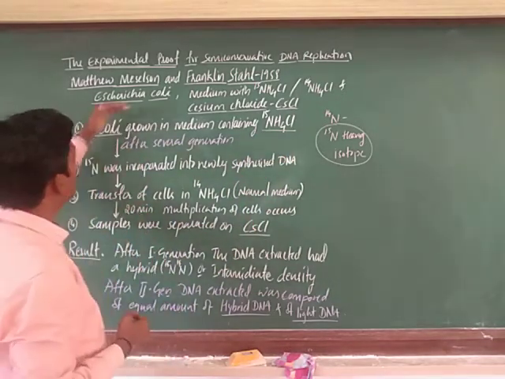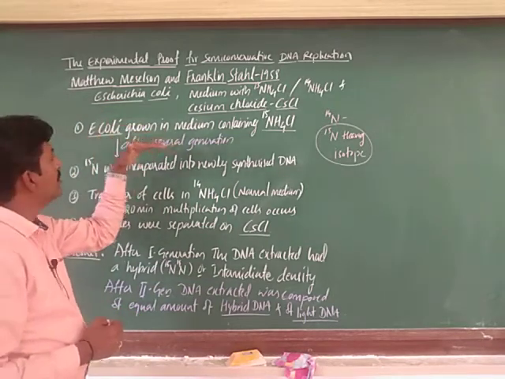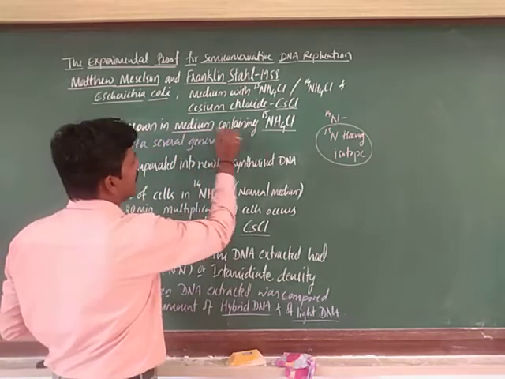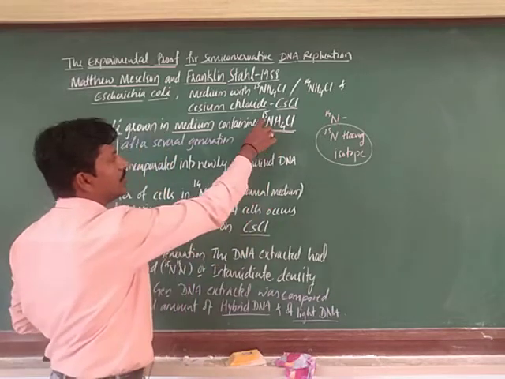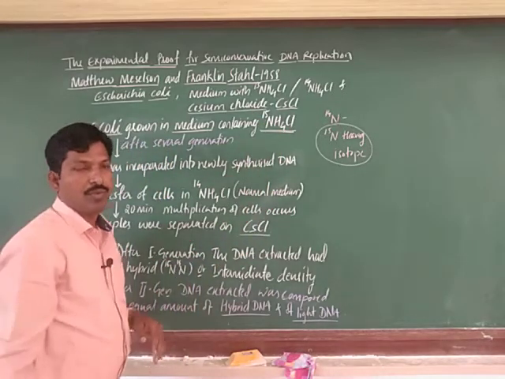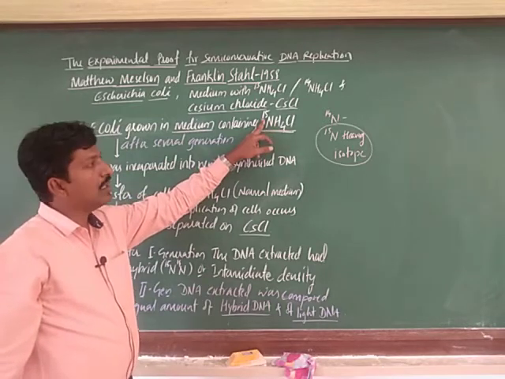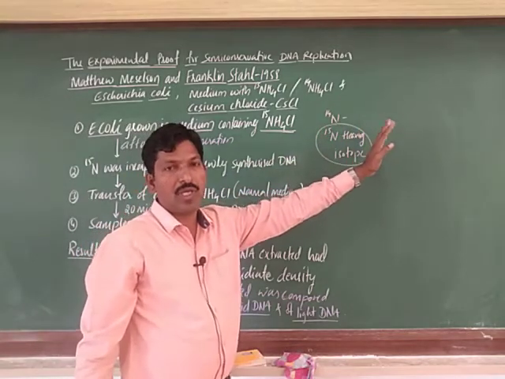So the E. coli bacteria are cultured in the medium containing NH4Cl with the heavy isotope. Nitrogen 15 is called the heavy isotope, and nitrogen 14 is the normal isotope, which is less in weight.